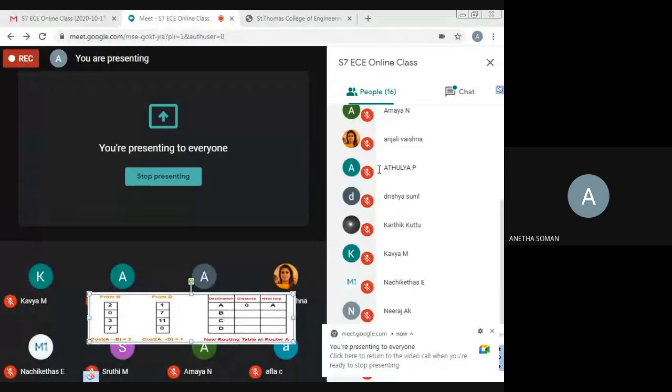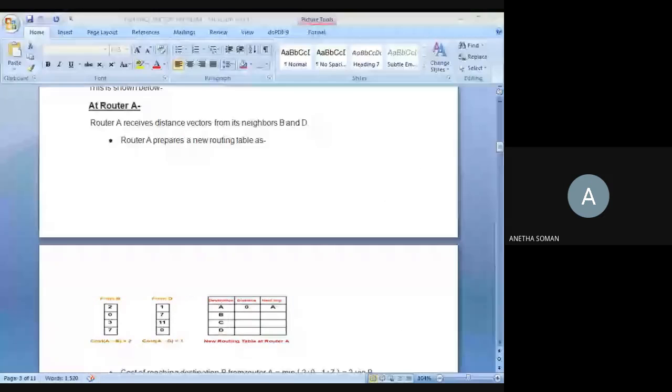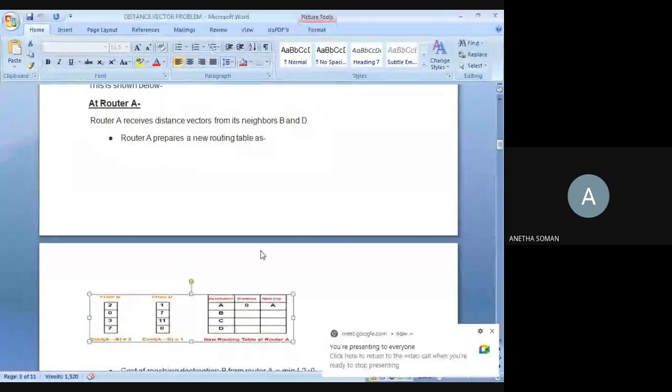Now, as I have told you, you just write it. What is the table you are getting? Cost of reaching destination B from router A is equal to minimum of. Now, what are the possibilities? From A to B, what is the cost?